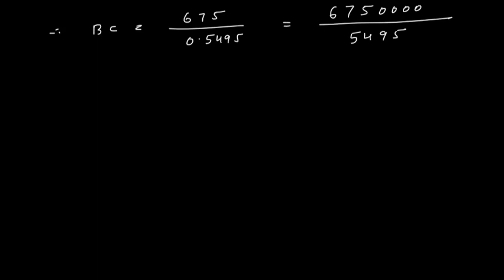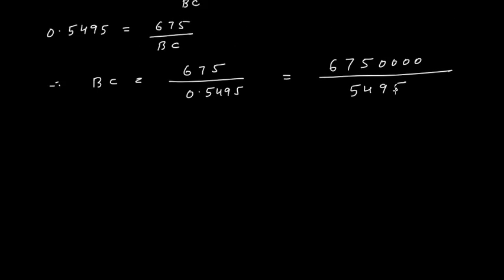Now with the 5 you can cancel. 5 1 is 5, then 4 we cannot divide, so I will write 0, then it is 49, 5 9 is 45, and then again 5 9 is 45. Here 5 in the 5, 5 3 is 15, 5 5 is 25.